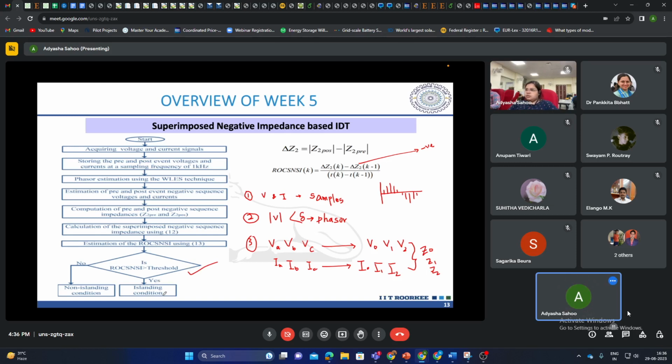So this is Z post, that is at the current kth instant, and Z pre, that was its previous instant k minus 1, divided by this time interval, we will get this rate of change of superimposed negative impedance. If it is greater than the threshold, then we have an islanding condition here.